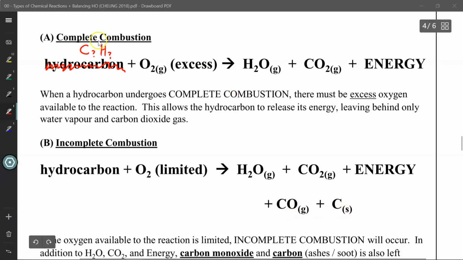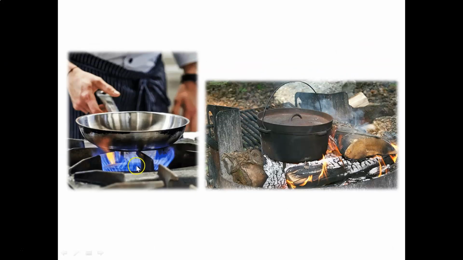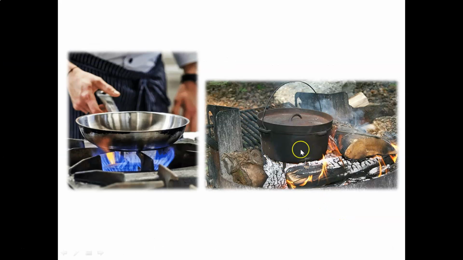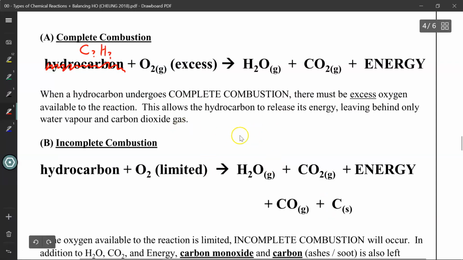We like complete combustion because it gives off a lot more energy, and also it's clean burning. The blue flame of complete combustion doesn't really leave much in terms of carbon deposits, doesn't really blacken your pots and pans. Whereas incomplete combustion, where you don't have enough oxygen, leaves ashes, carbon soot deposits that will blacken your pots and pans. But the most dangerous part is the production of carbon monoxide gas.